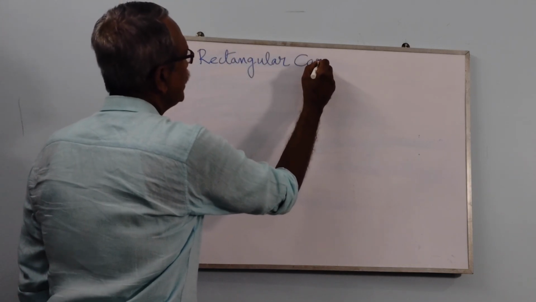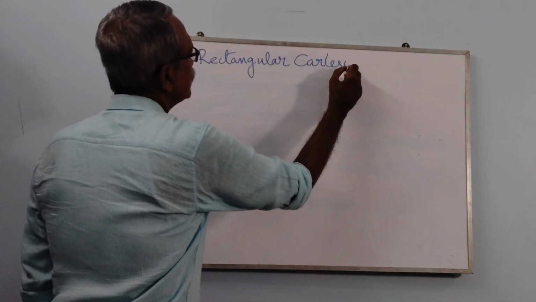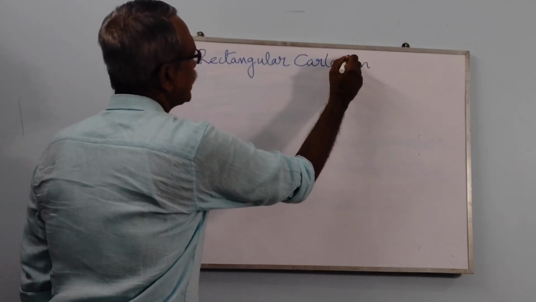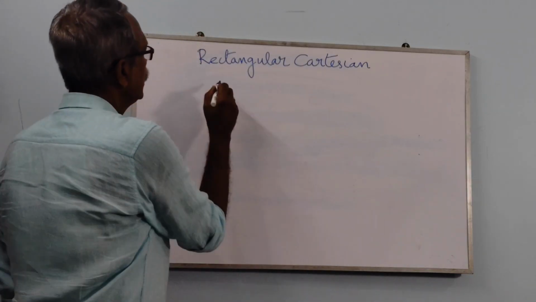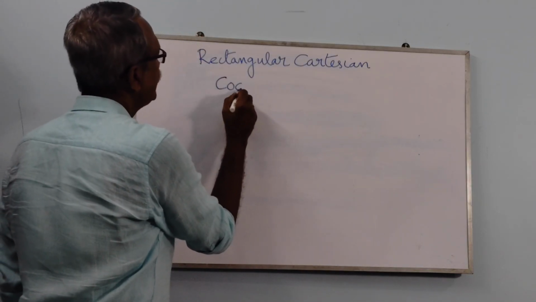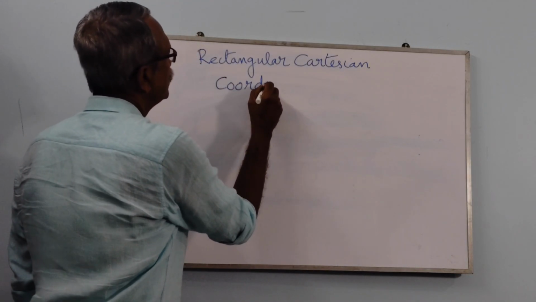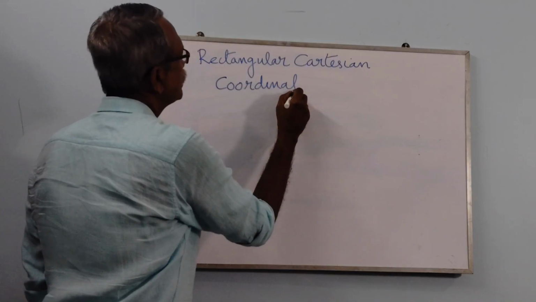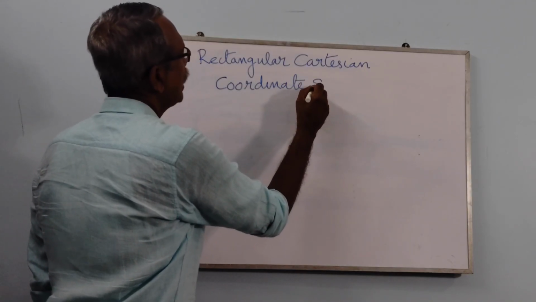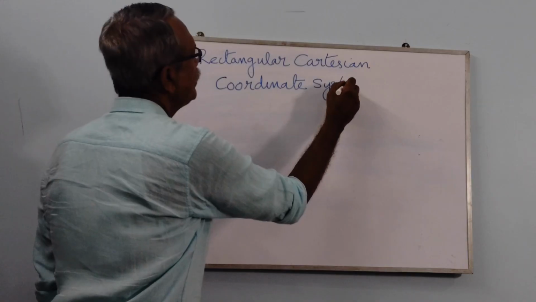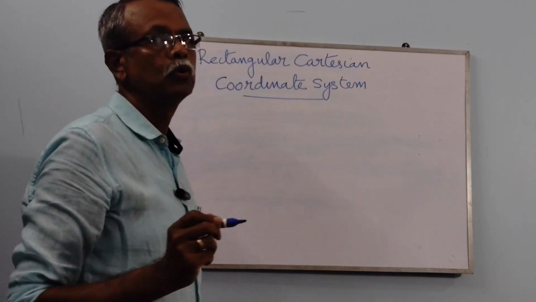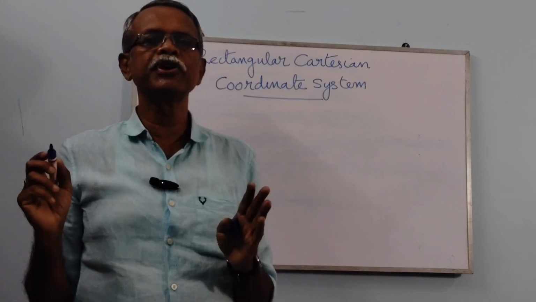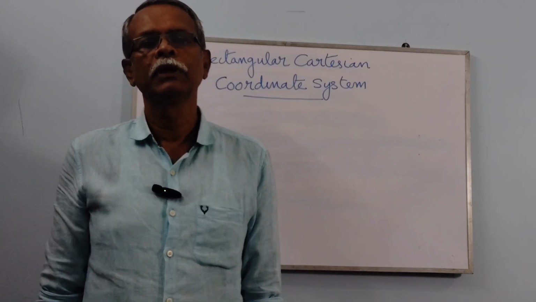Cartesian is from René Descartes, who discovered coordinate geometry. This system is used to represent the position of a particle.